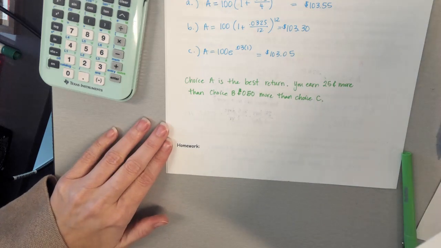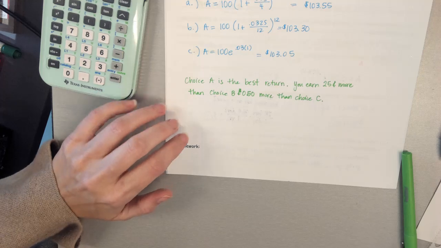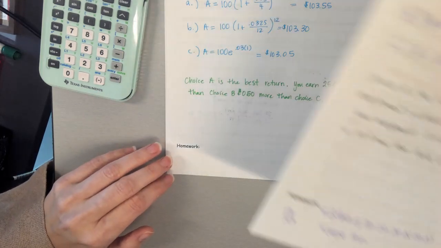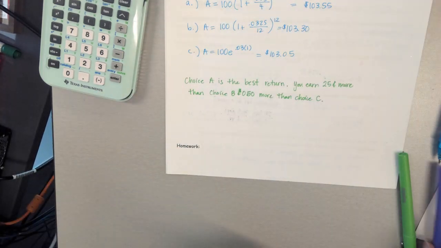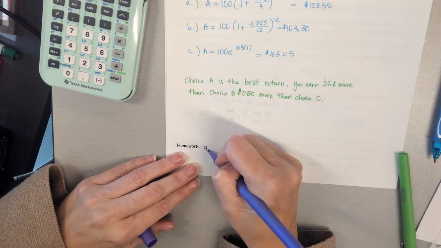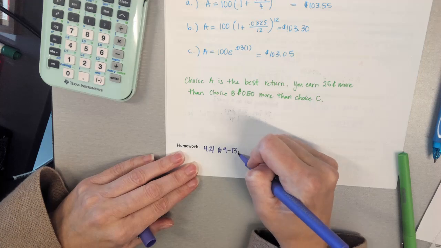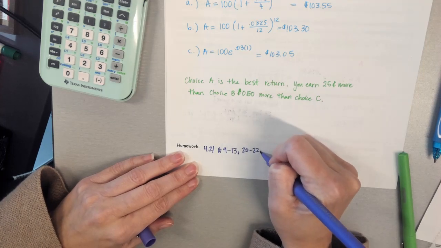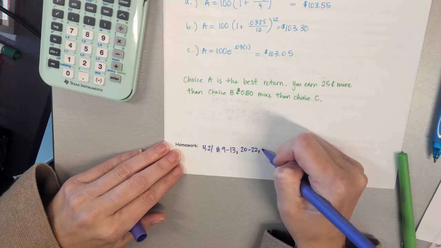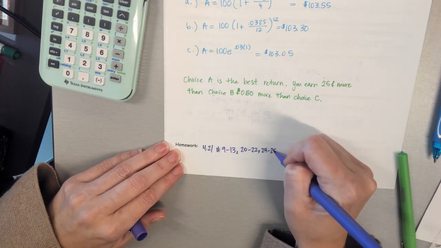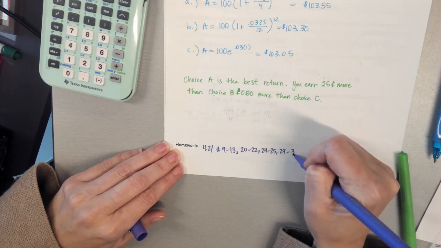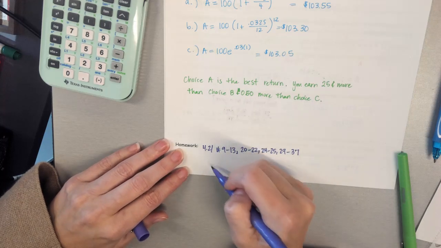Okay, and then once you have that, your 4.2, there is a space for that. And then I want you to make sure that you have your graph paper.